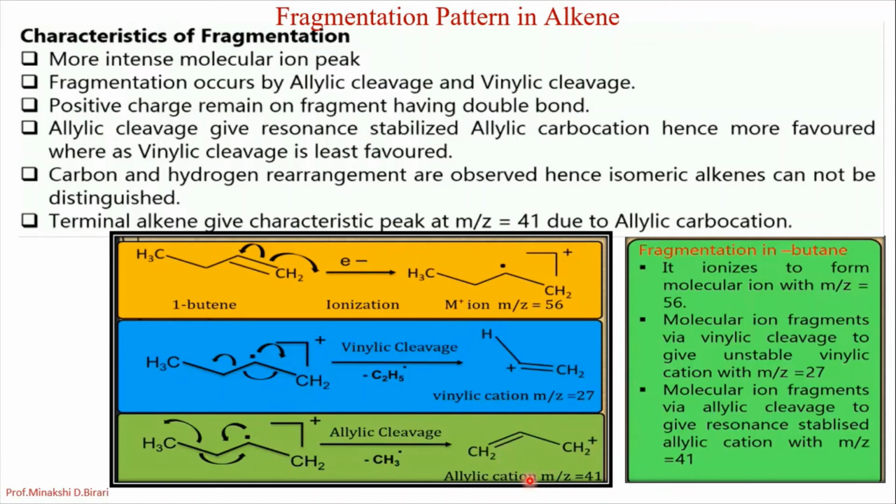So the fragmentation in 1-butene, when we observe, it ionizes to form molecular ion with M by Z 56. Then the molecular ion fragments via vinylic cleavage to give the unstable vinylic cation with M by Z 27, and also the molecular ion fragments by allylic cleavage to give the resonance stabilized allylic cation with M by Z 41.